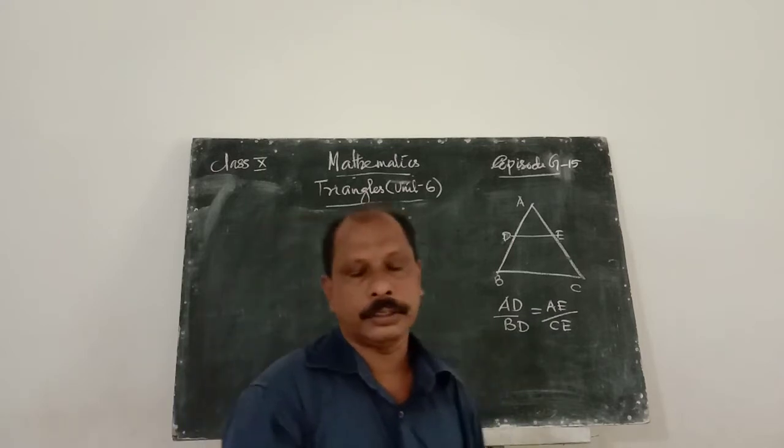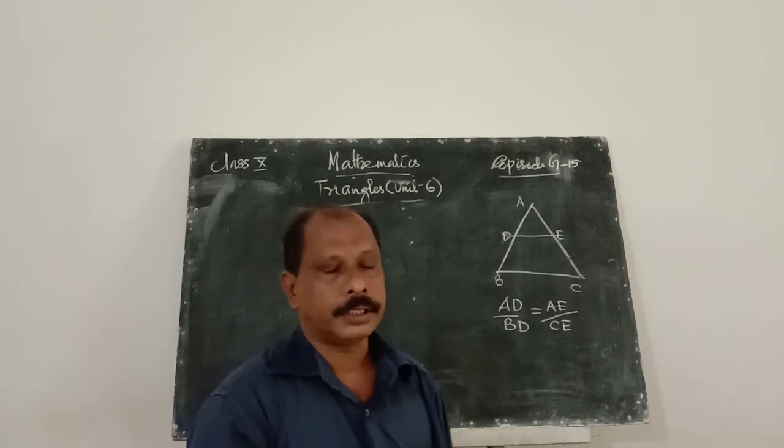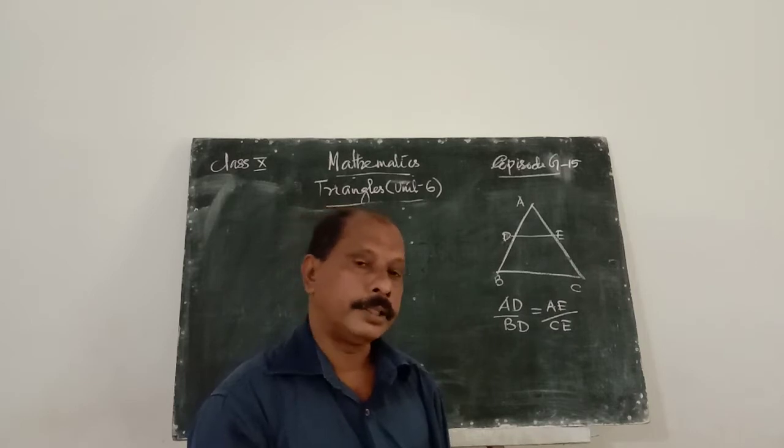Half cancels, EN cancels, we get AD by BD. That is equation number 1.